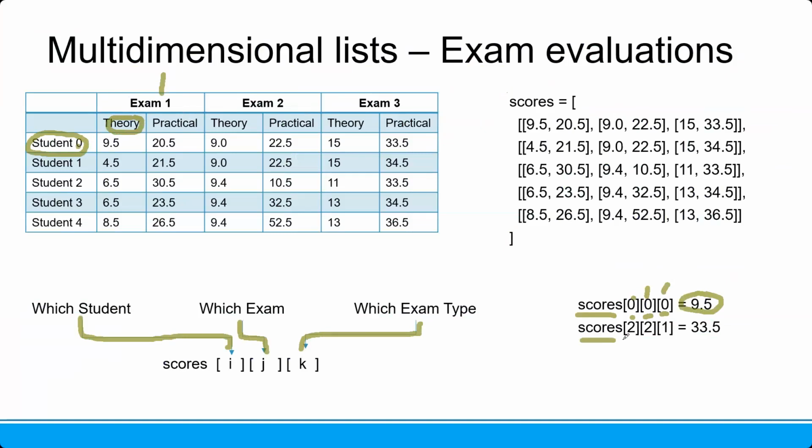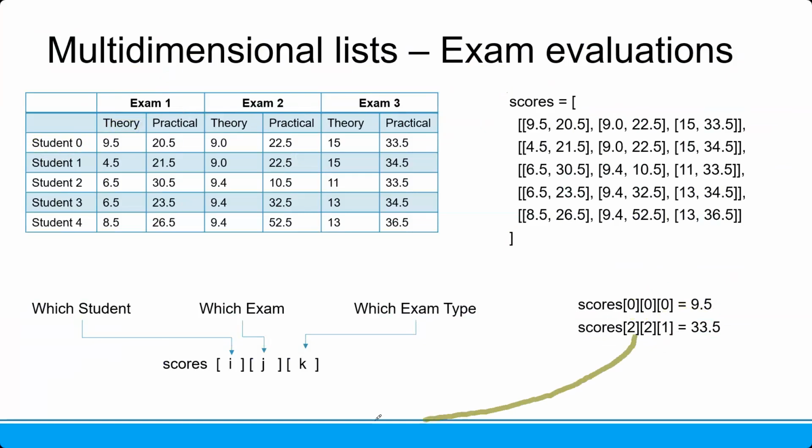What about scores[2][2][1]? Then this is the student index 2, and then this is the exam index 2.